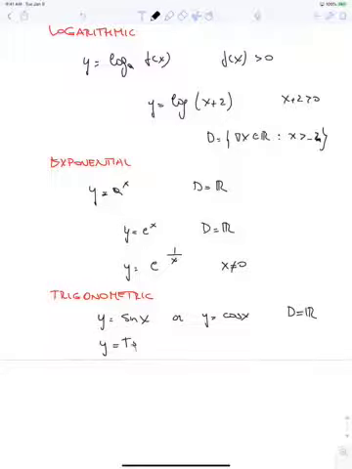But then if we have y equal tangent of x, here we have to specify that x cannot be equal to 90 degrees plus k times 180 degrees, because the tangent in 90 degrees is not defined. And then we have a periodicity of 180 degrees. So if you want, you can also express it as pi divided by 2 plus k times pi, where k can be whatever integer you want, of course.